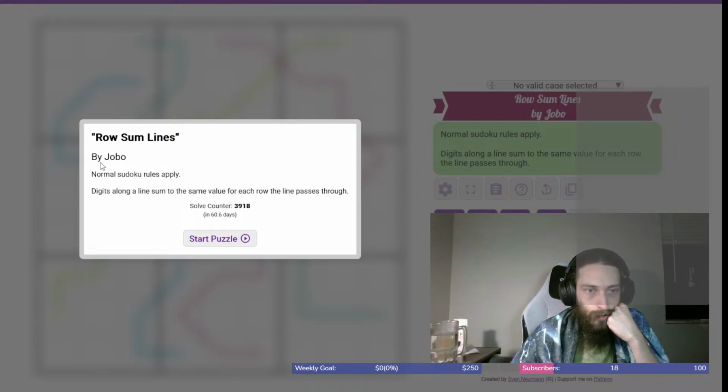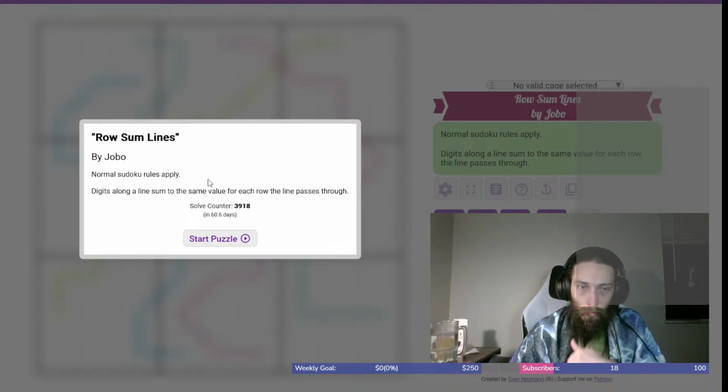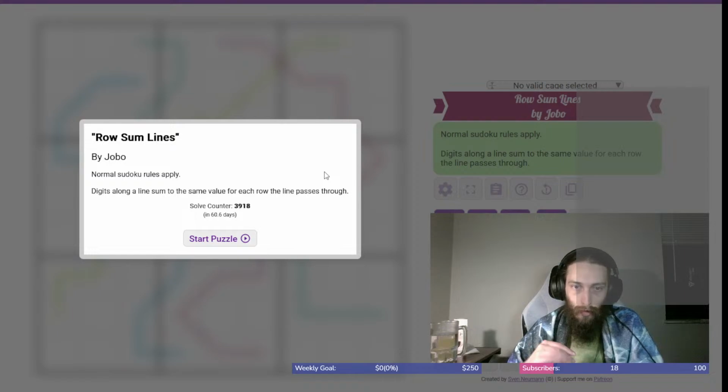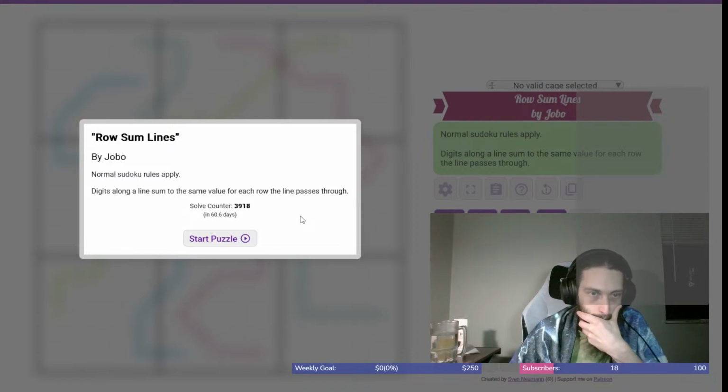Row sum lines by Jabo. Normal Sudoku rules apply. Digits along a line sum to the same value for each row the line passes through. For each row?